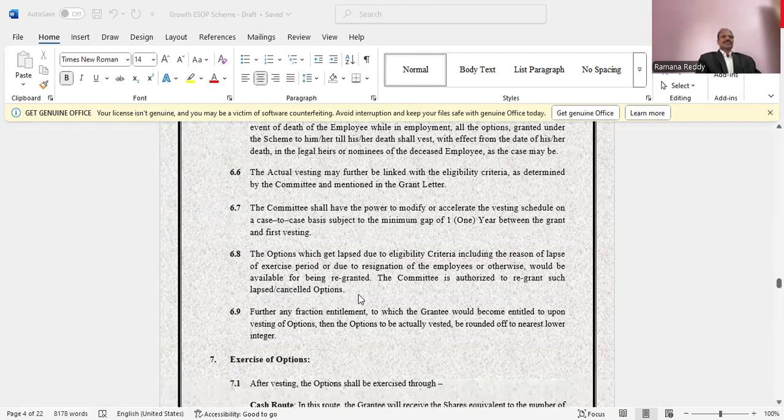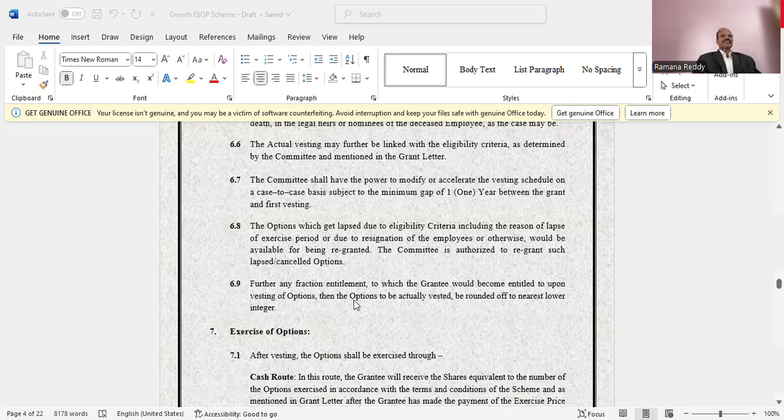The options which get lapsed due to eligibility criteria, including by reason of lapse of the exercise period, suppose the employee has not exercised, or due to resignation of employees, or otherwise, would be available for being re-granted. So those options will again be re-granted. The decision will be taken by the nomination committee.